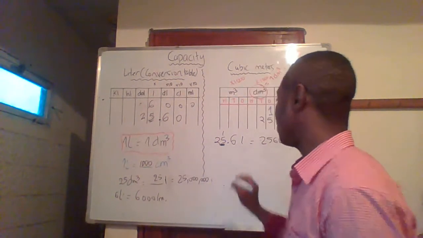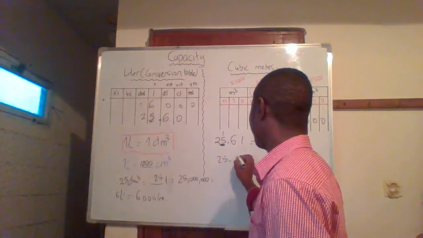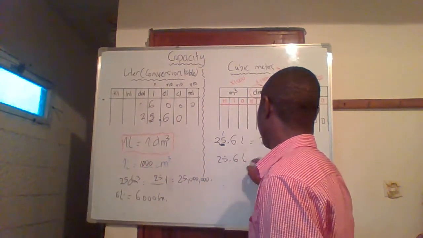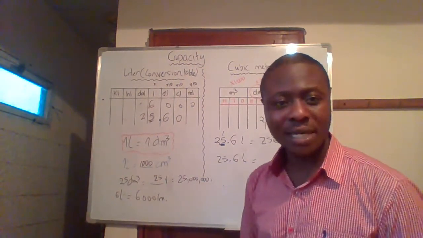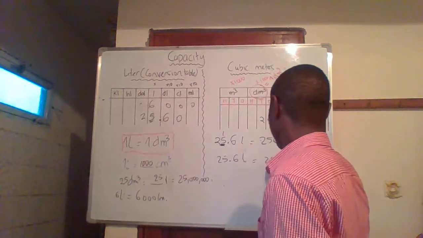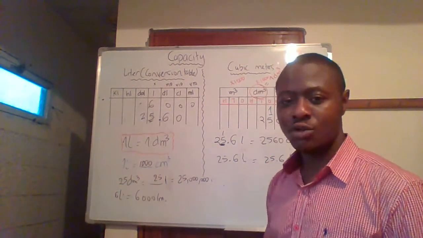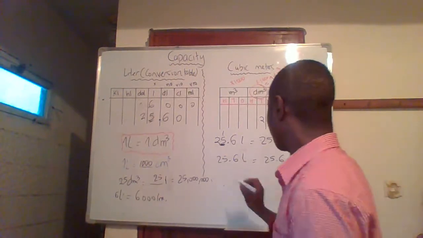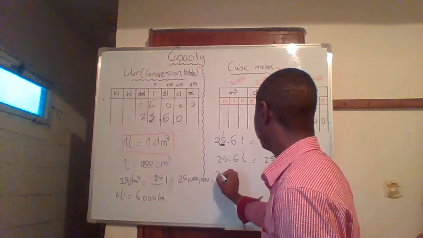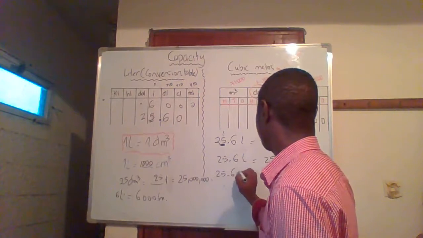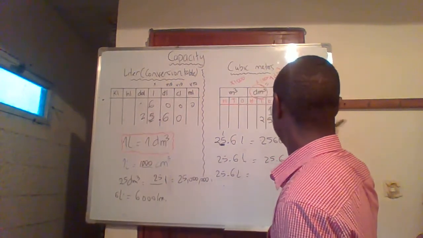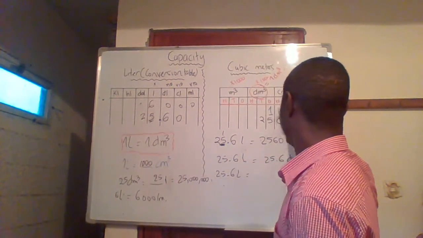Okay, let's consider the same number, 25.6 liters. How many cubic decimeters is it? It is equal to 25.6 cubic decimeters. It's the same thing. Now let's convert this 25.6 liters to cubic centimeters.